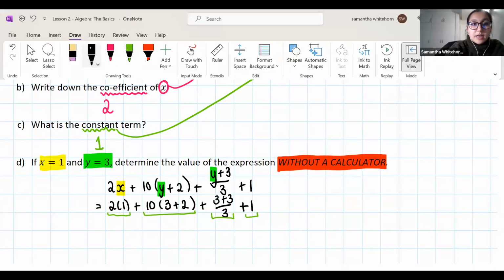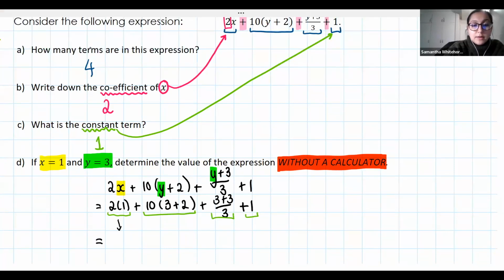We're going to simplify each of those so that we know exactly what we're working with. 2 times 1 is 2. In our bracket, we've got 3 plus 2, which is 5. And we know that we're timesing that by 10. 10 times 5 is 50. Our fraction, 3 plus 3 is 6. And 6 divided by 3 is 2 plus 1.